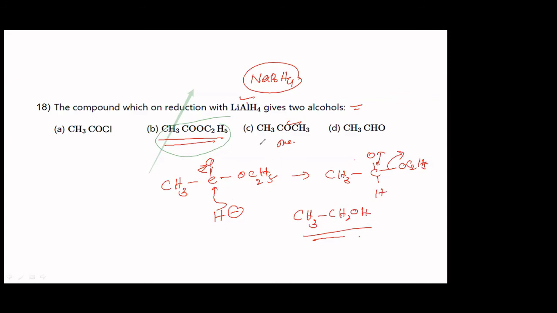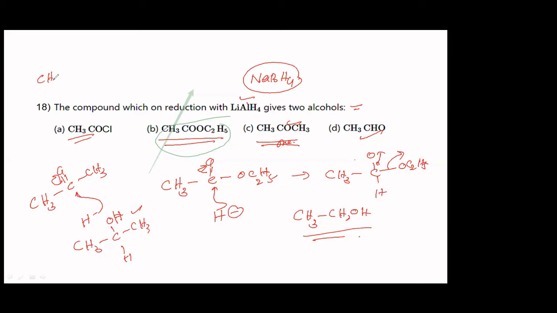If you take CH3, C double bond O, CH3, 1 hydride comes and forms a bond, and the intermediate would be CH3, CO minus, H. This will pick up a proton and become a secondary alcohol. This will give a primary alcohol. In this case also it is possible: CH3, C double bond O, Cl.